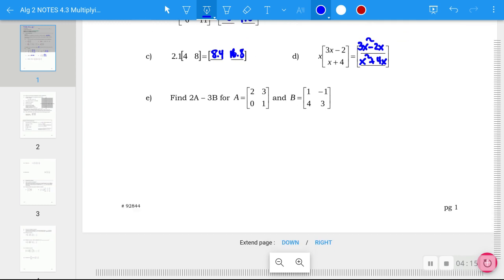Okay, example E, we're supposed to come up with the result of 2 times the A minus 3 times the B. So I'm going to start out by writing it out.